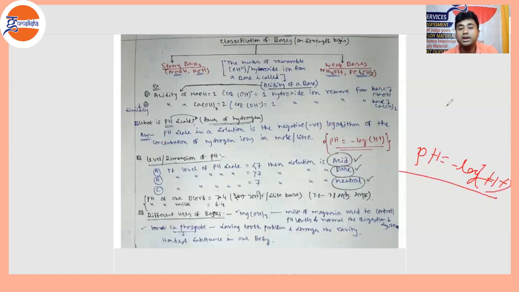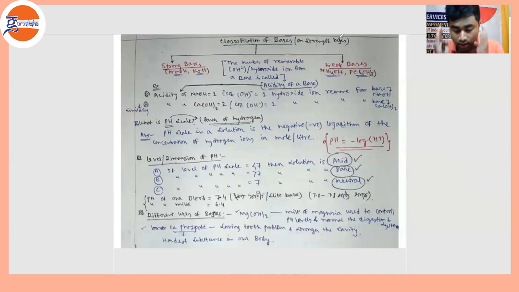This is called the pH scale. The value of pH has been determined in such a way. Now the point is, how can I define the values?